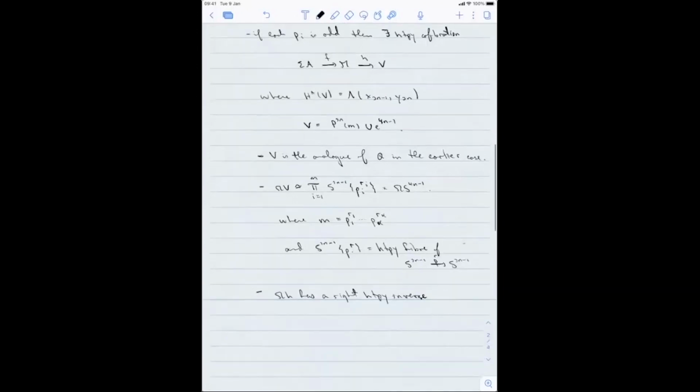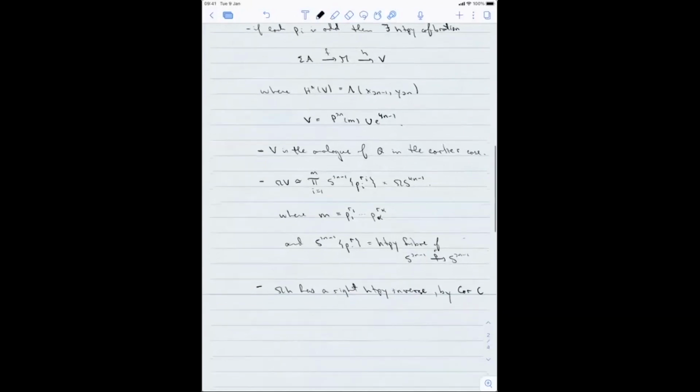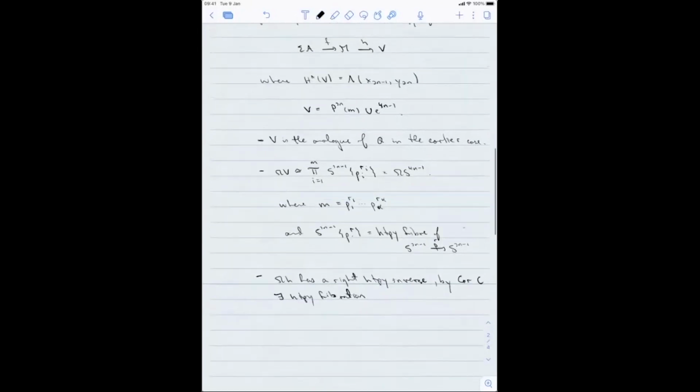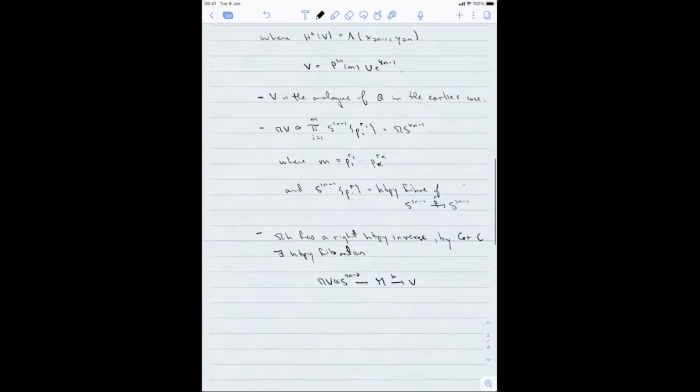So you can apply our trusty Corollary C. You would get a homotopy fibration that identifies the fiber of M into V as loop V half smash the attaching map for the top cell. And this splits after looping.